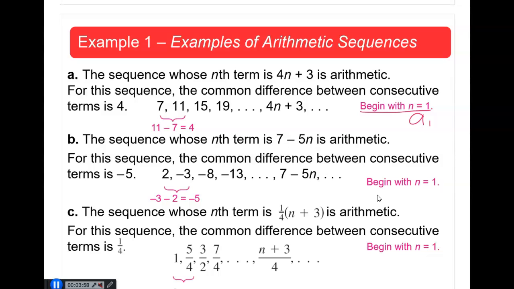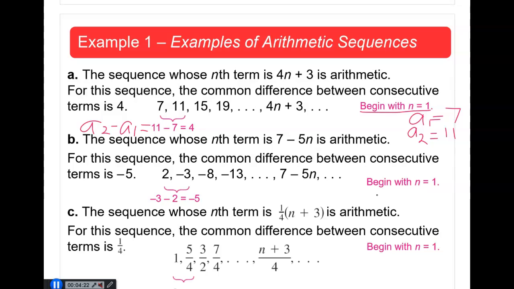We're going to take the term that is after a sub 1, which is a sub 2, and that is equal to 11. To find the common difference, we take a sub 2 minus a sub 1, which is 11 minus 7, which is equal to 4.